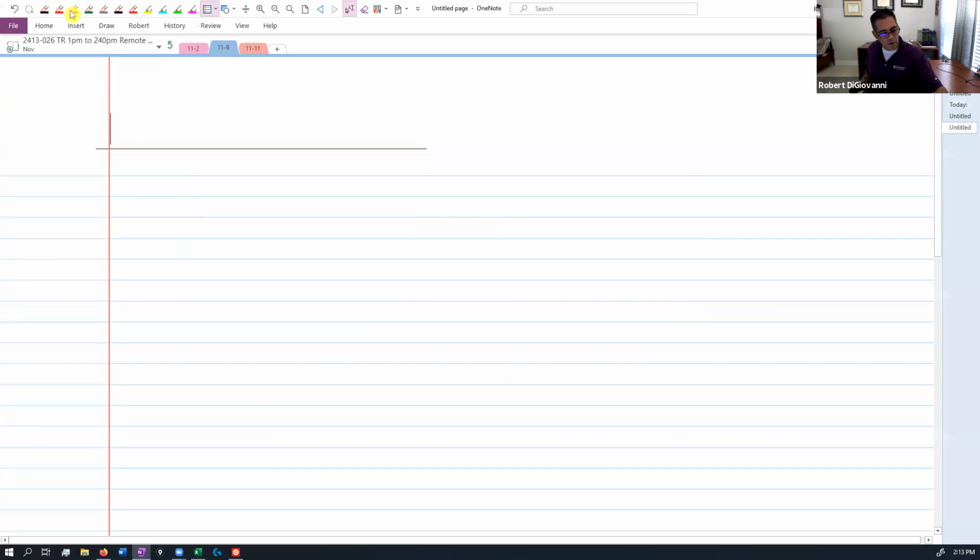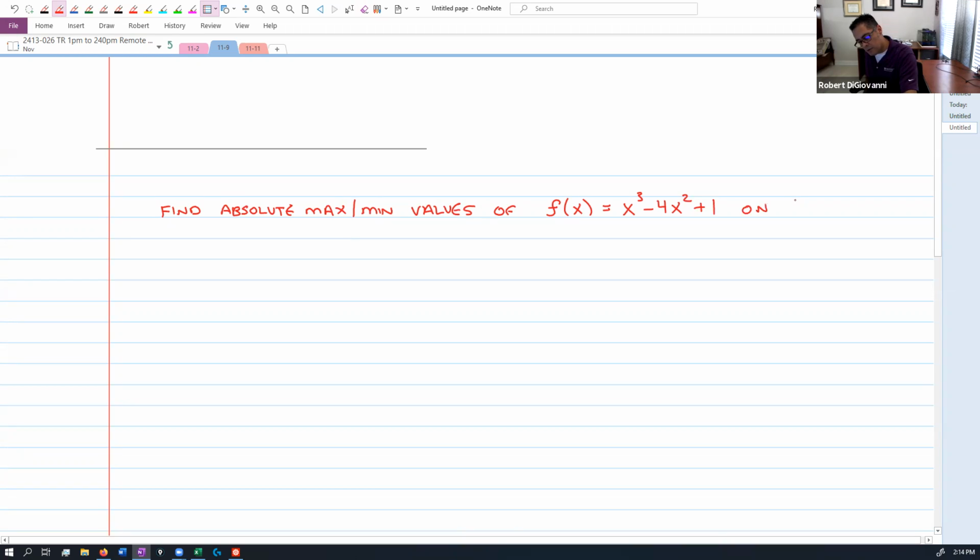All right, so let's find the absolute max and min values of f of x equals x cubed minus 4x squared plus 1 on the interval [-1, 2].